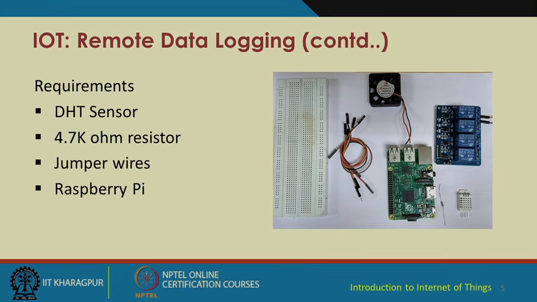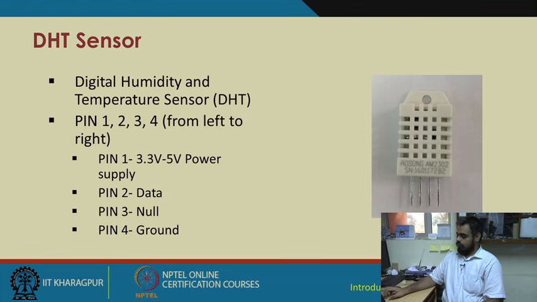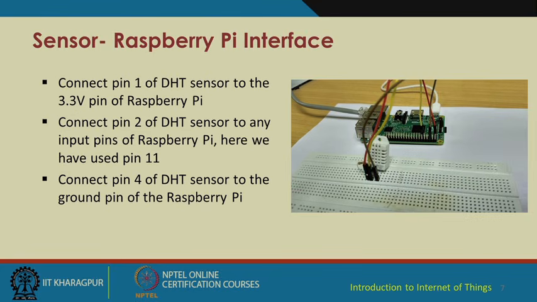So again, back to this topic. For this remote data logging, we'll be using the DHT sensor and a Raspberry Pi. The pin configuration: pin 1 is connected to power, pin 4 to ground, and pin 2 is connected to the data pin. The Raspberry Pi interface is the same as before.